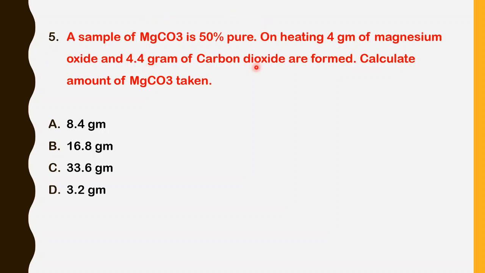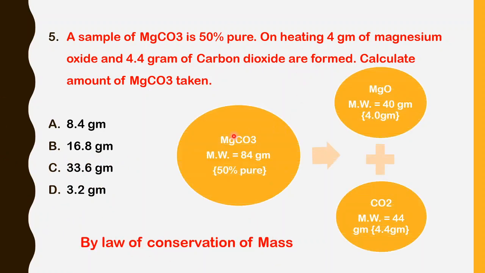For this question, we follow the law of conservation of mass. We know that MgCO3 is giving you MgO and CO2. Whenever certain reactions are there, they always follow the law of conservation of mass. The molecular weight of MgCO3 is 84 gram.